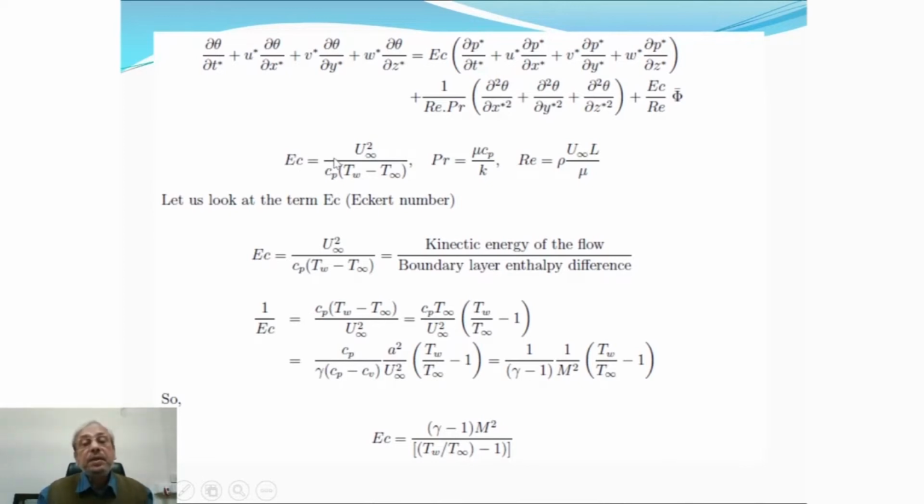In my introductory lecture, I have mentioned the enormous contribution of these scientists like Reynolds, Prandtl, Eckert. Their findings and contributions started the fields of modern fluid mechanics and modern heat transfer.